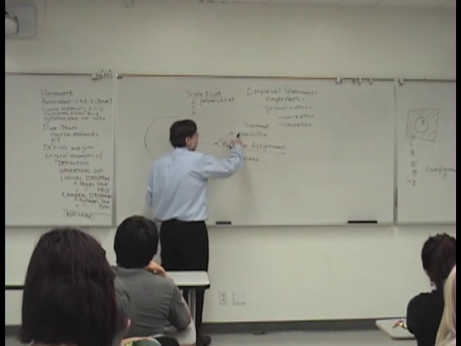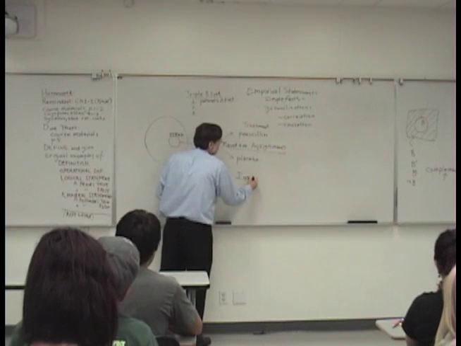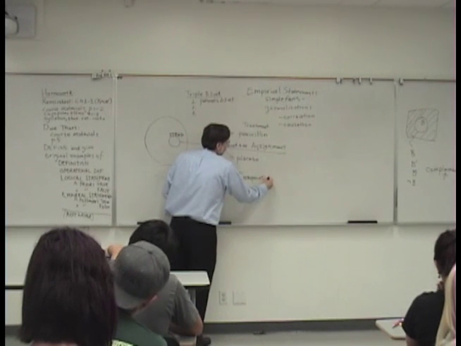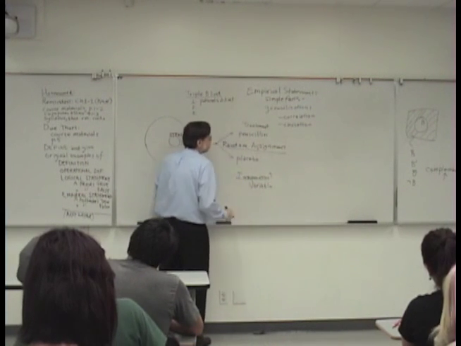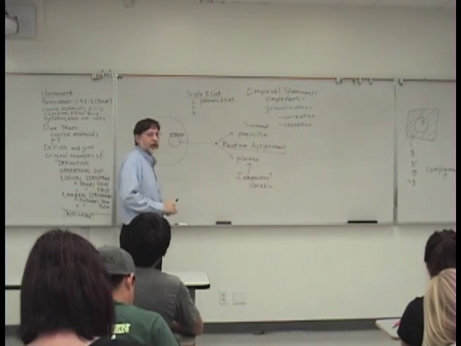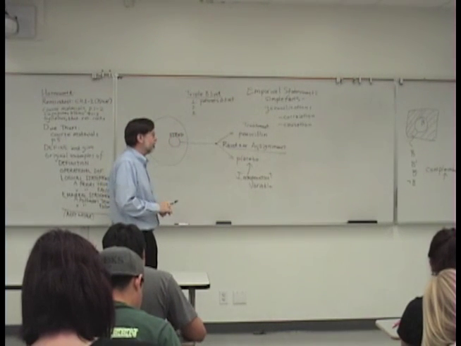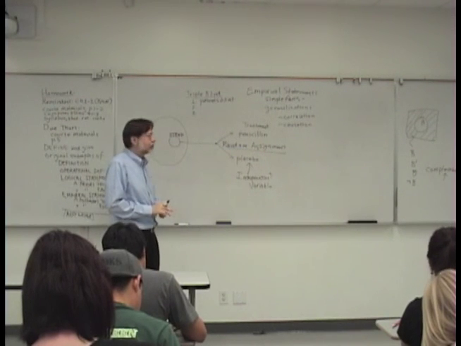Now the treatment versus the placebo, this is called the independent variable of the experiment. And a variable varies. The variable in this case is penicillin versus placebo. It varies.